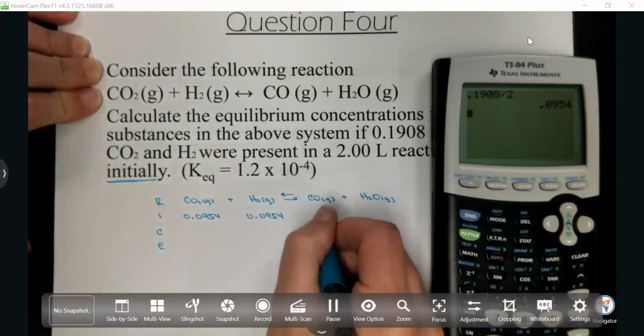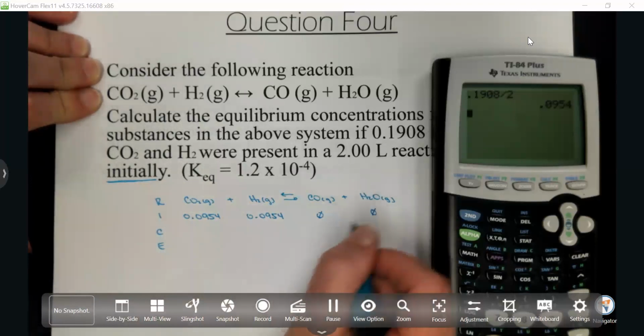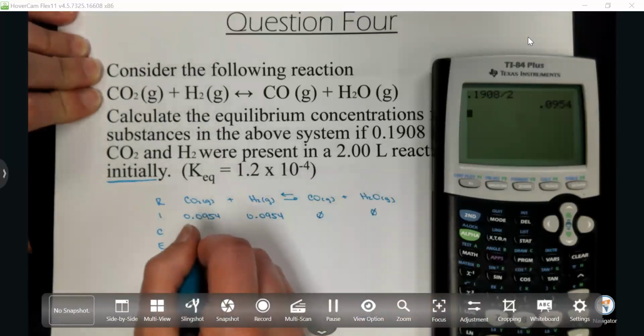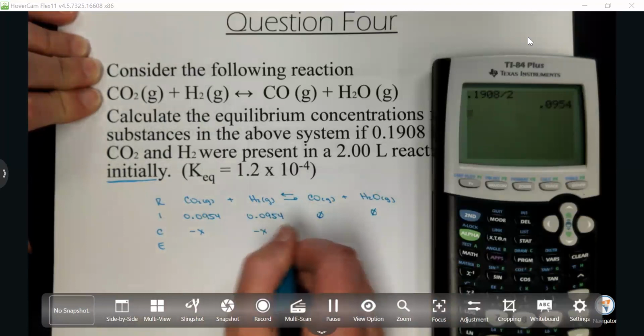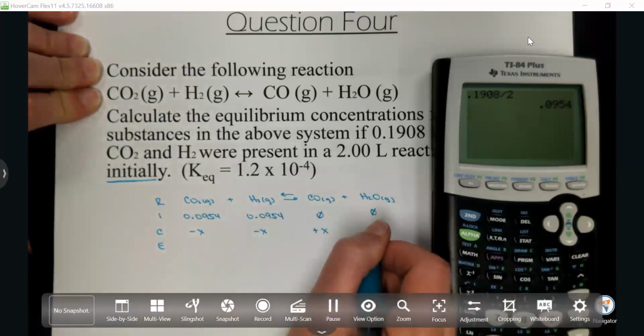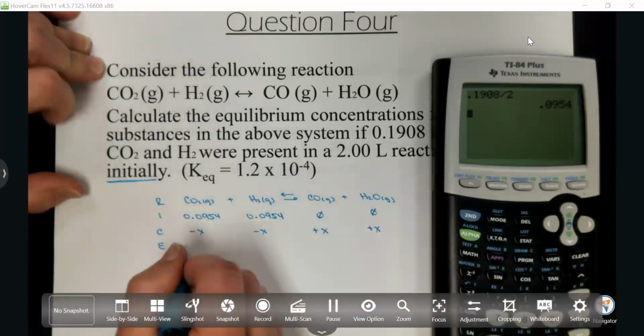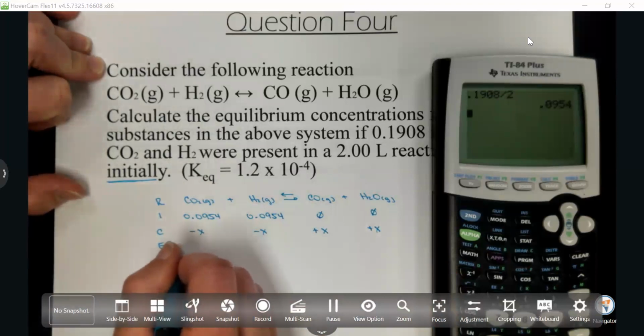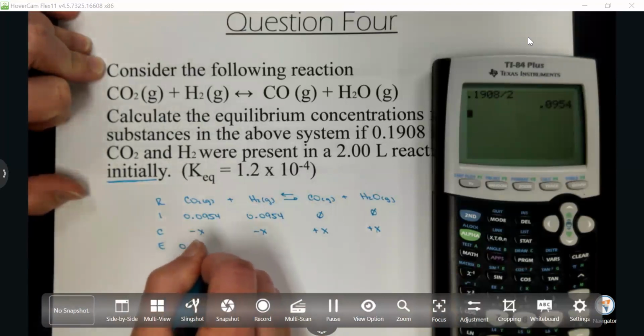And we start with 0 products. Now remember, we're going to lose some reactants and we're going to gain some products. And we combine initial and change for our equilibrium row.